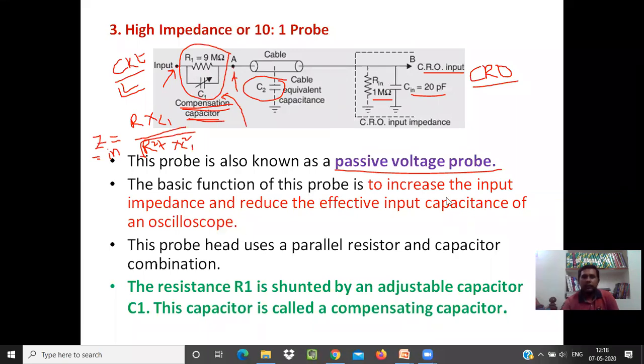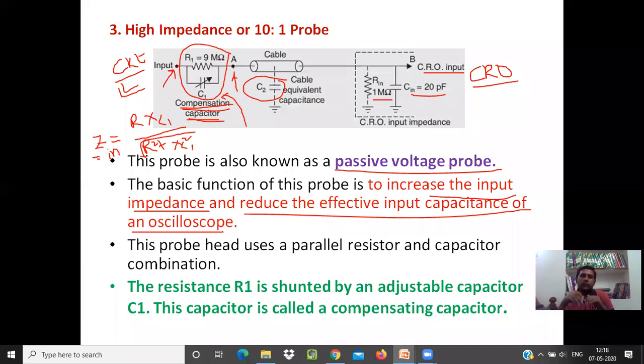So the main function of this probe is to increase the input impedance. We can increase the input impedance with this relation by changing the R and C values, and reduce the effective input capacitance of the oscilloscope, that is the added capacitance.